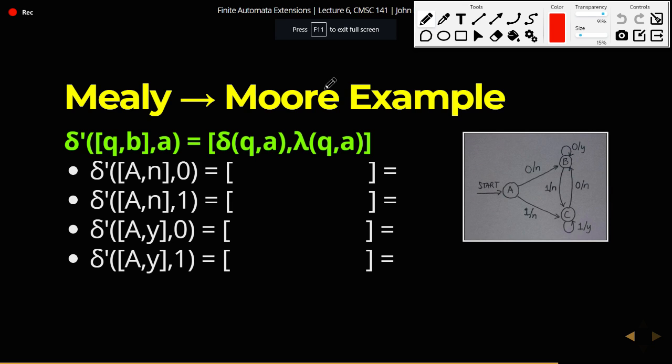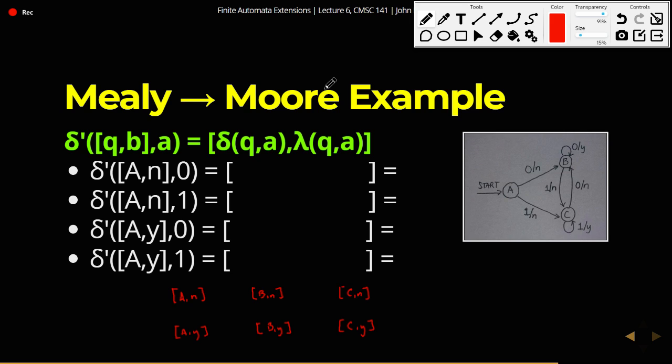We have three states, A, B, and C, and the output symbols are N and Y. So initially we will have six states: AN, AY, BN, BY, CN, and CY.